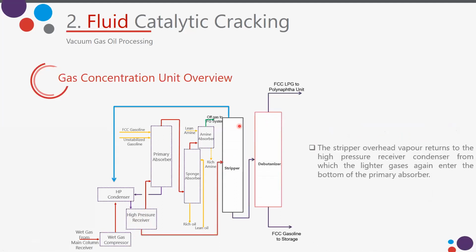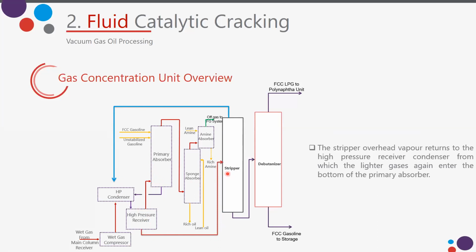The stripper vapor will return to this high pressure condenser and high pressure receiver. And here, of course, the gases will enter again to the primary absorber. So here we have removed the H2S and the lighter components from our stream from the high pressure receiver.